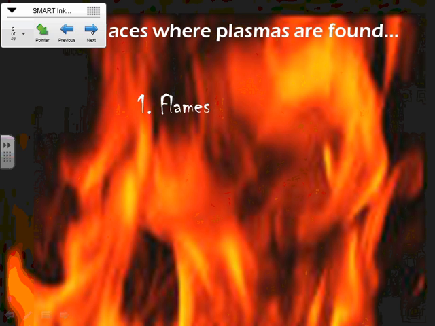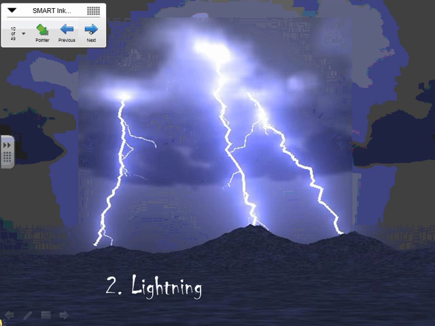Okay, so some places where you can find plasma. You can find it in flames. The sun, for example, is just a big burning ball of gas, right? There's plasma in the sun. You can find it in lightning. The air around the lightning gets superheated to a plasma for just a split second until the lightning goes away.